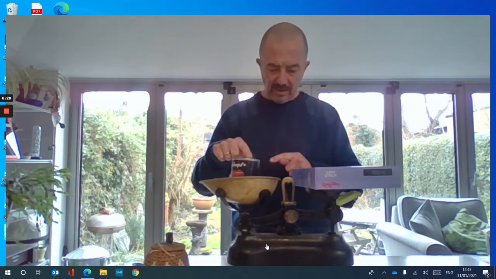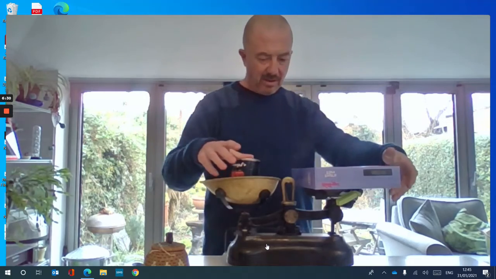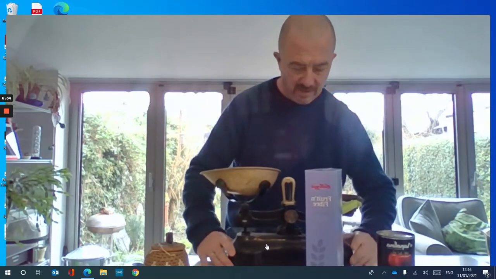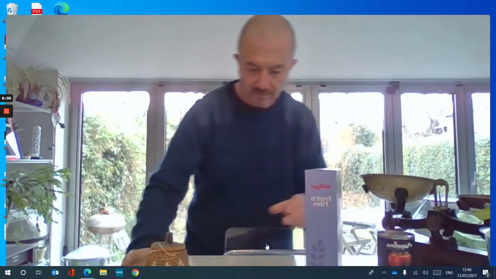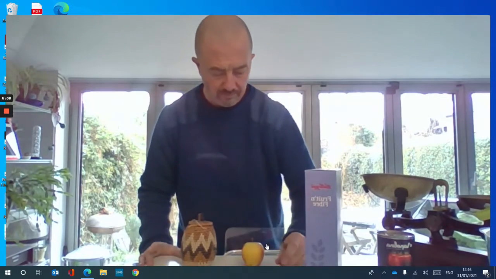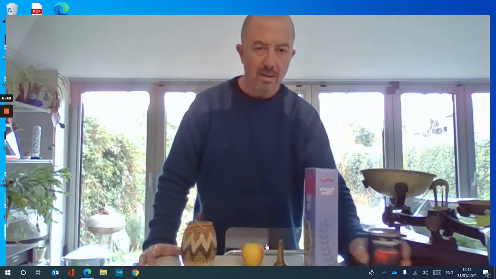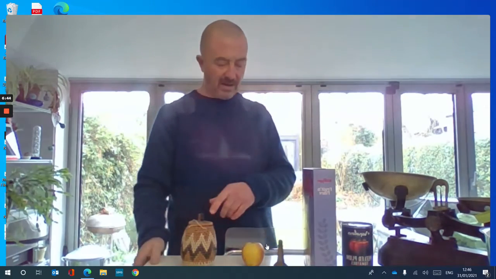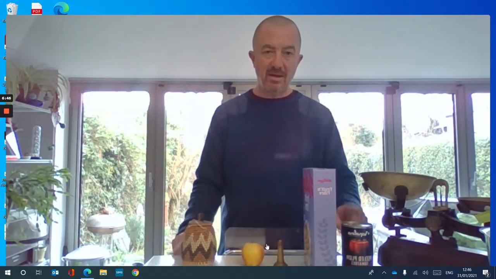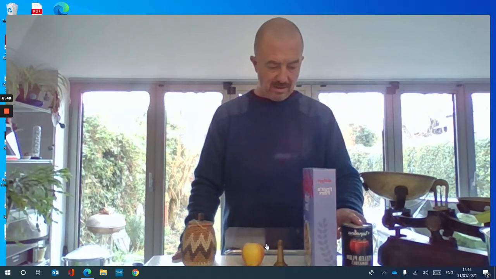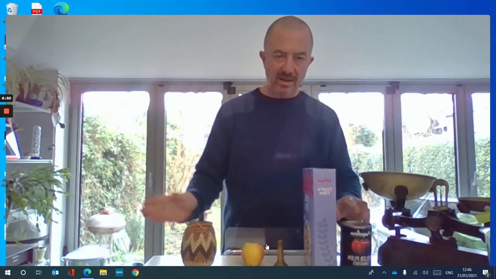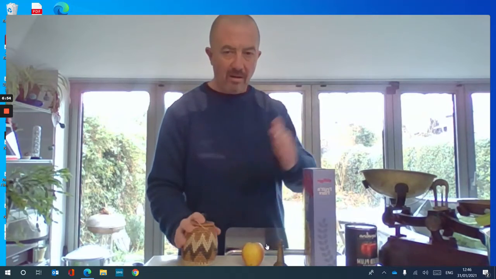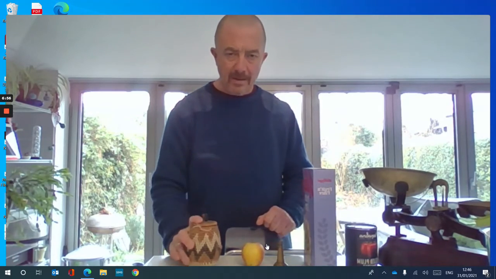It may be smaller, but it is heavier. So we now know to put these in order. Let me just move this out of the way. We now know that if we put these in order of weight, from the lightest to the heaviest, this is the lightest, this is the heaviest. So everything on this side is lighter than the tin. Everything on this side is heavier than the basket.